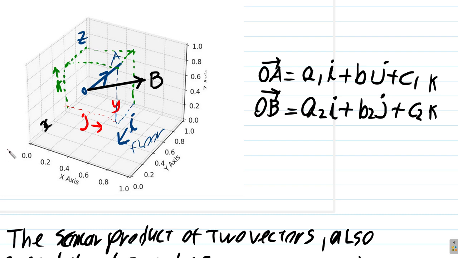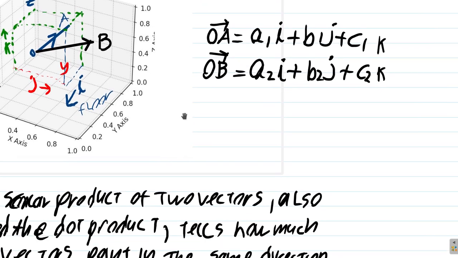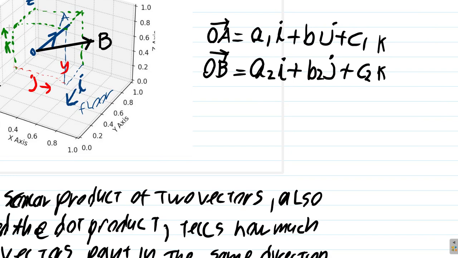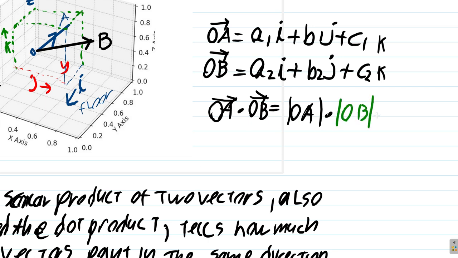Now here, you know from what we said before that OA dot OB is equal to length of OA times length of OB times cos theta. Alright?